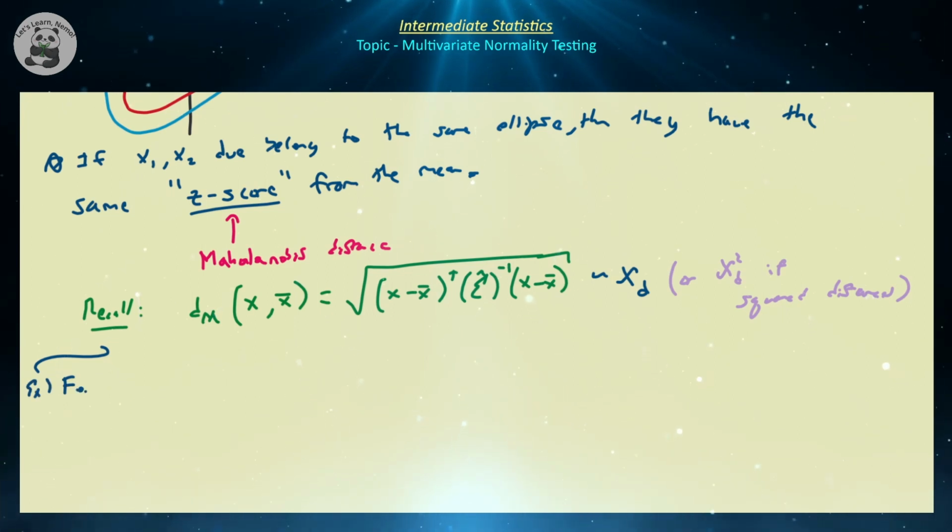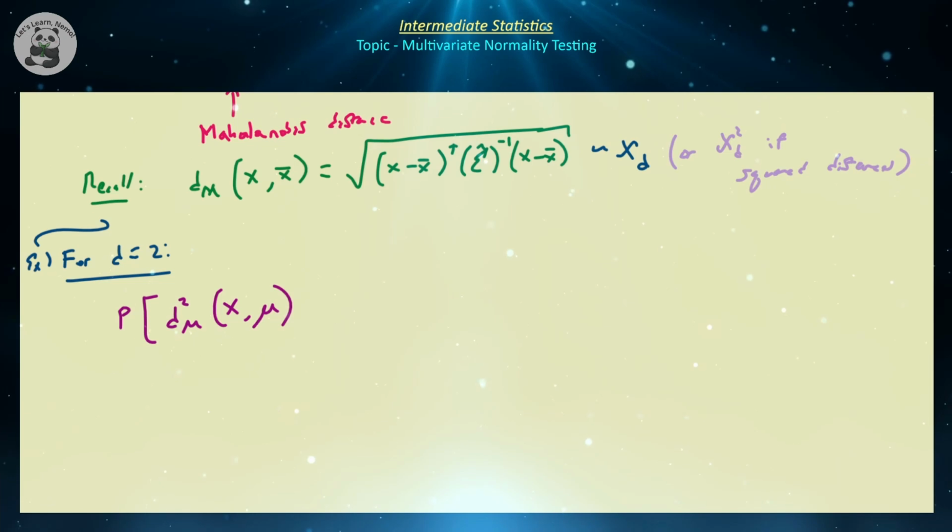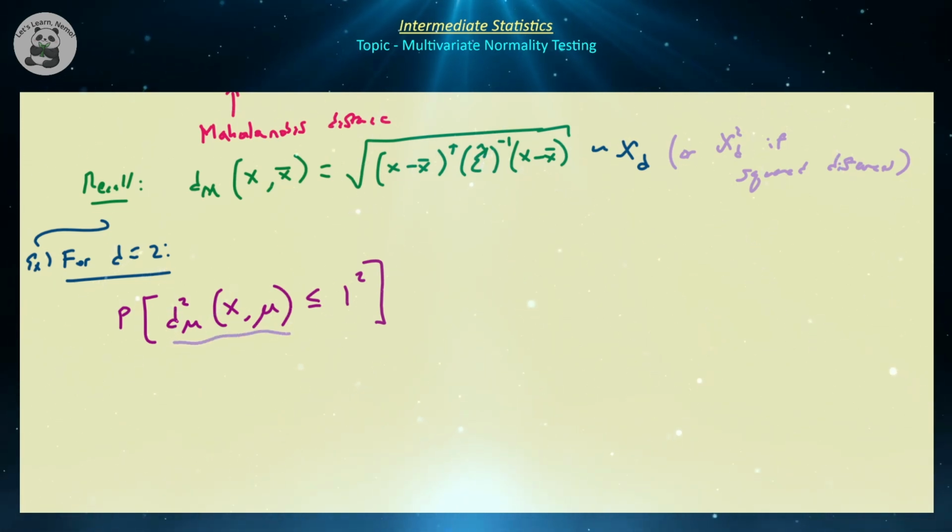As a guiding example, for d equal to 2, let's assume you pick a vector x from a multivariate normal distribution, and I ask you, what is the probability that the Mahalanobis distance of that random vector x with respect to its mean vector mu is less than or equal to 1, and keep in mind 1 squared is also equal to 1. One can find that, if it's multivariate normal, then that should follow a chi-square distribution, so that's approximately equal to 0.3935.